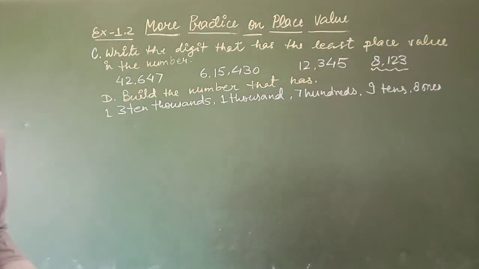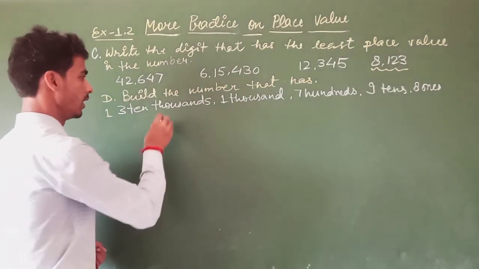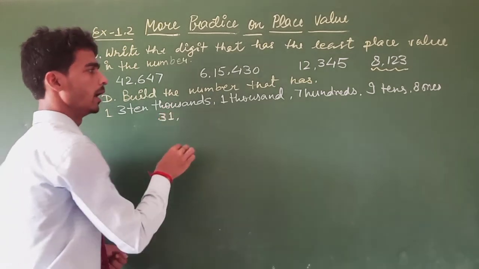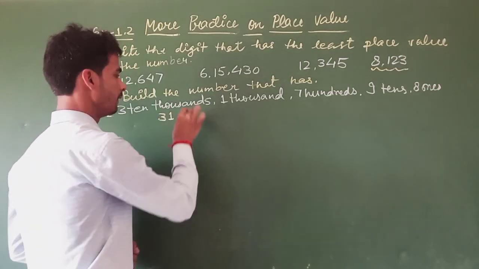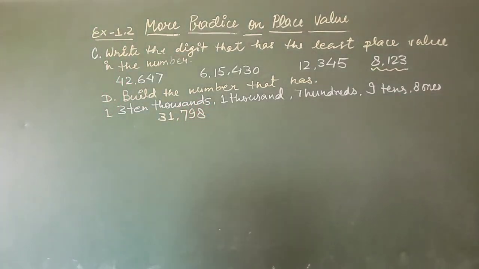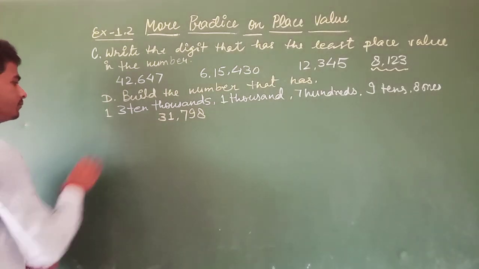Okay, the number is 3 10,000s, that means 31,000, and 700, 9 tens, 8 ones. The number is 41,798.